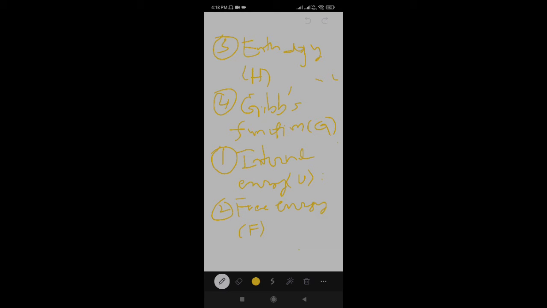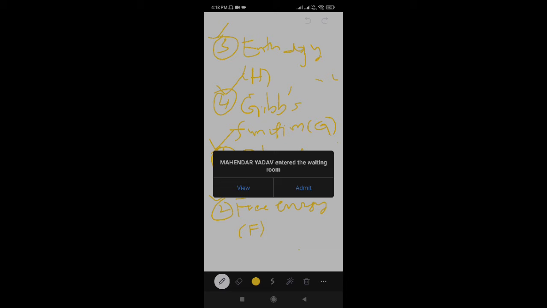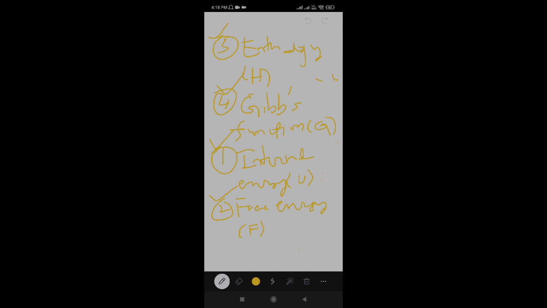First we study internal energy, next free energy, next enthalpy, and next the Gibbs function. Actually, the first thermodynamic potential, internal energy, is already familiar to you.